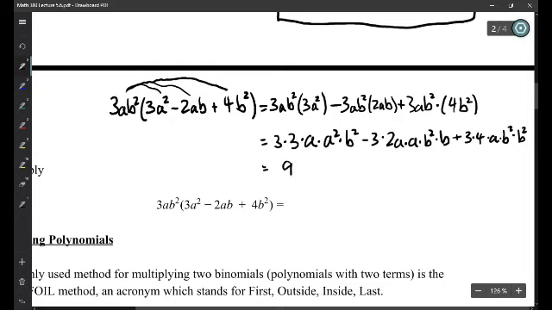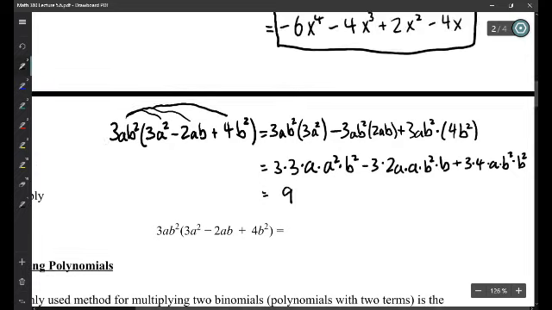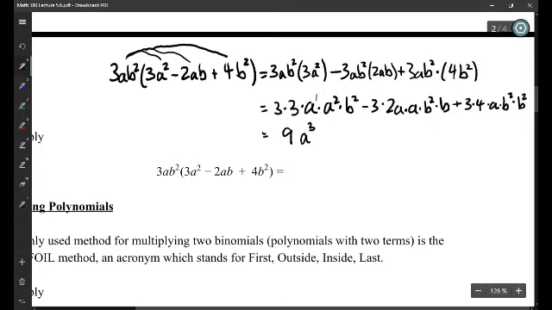Which results in 9, and then a cubed, because this is an exponent of 1. 1 plus 2, we get a cubed, and then b squared.